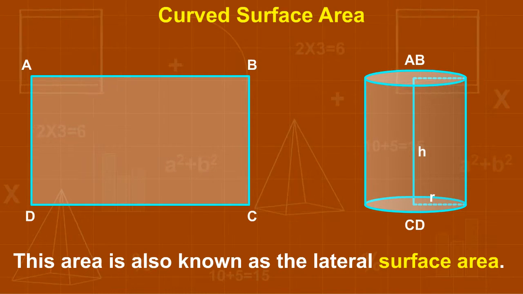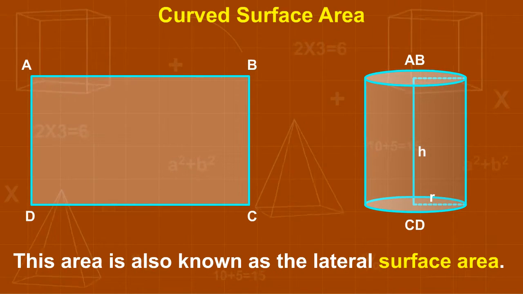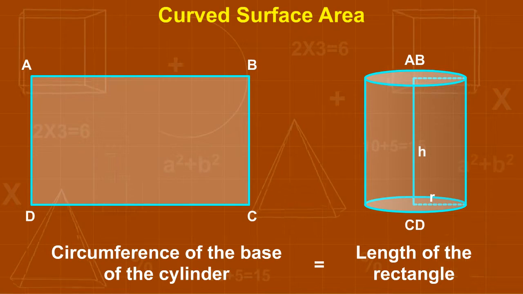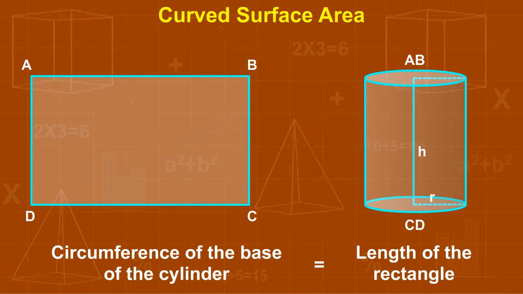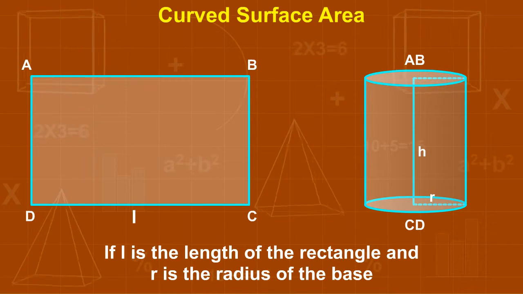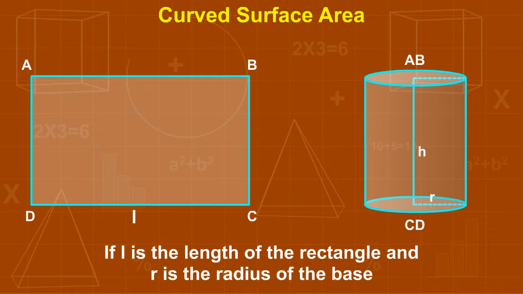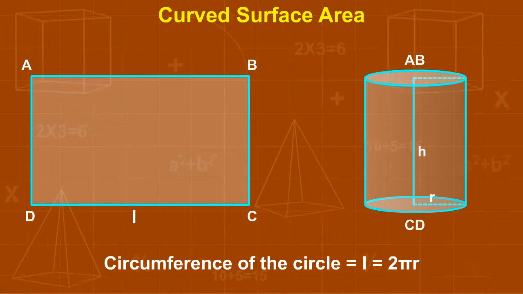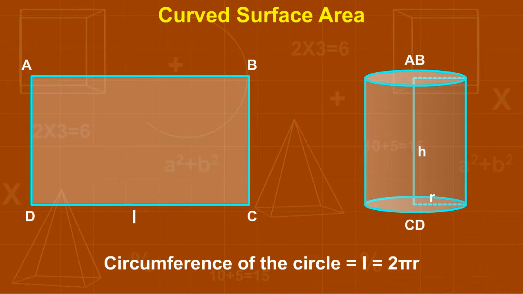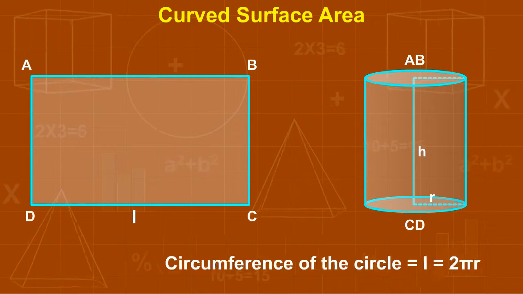This area is also known as the lateral surface area. The circumference of the base of the cylinder is equal to the length of the rectangle. So if L is the length of the rectangle and R is the radius of the base, then circumference of the circle is equal to L is equal to 2 pi r.